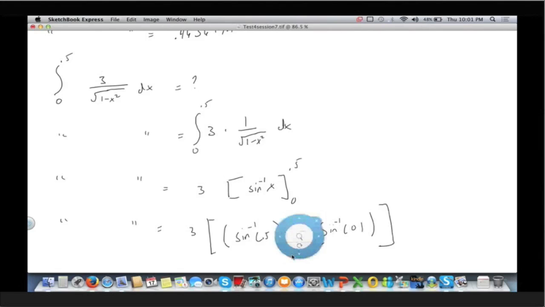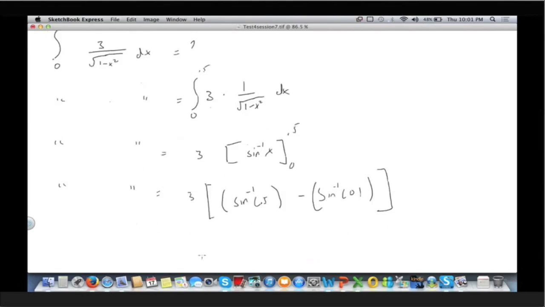And it was not necessary brackets, but okay. All right, so inverse sine of 0.5, 0.5235.